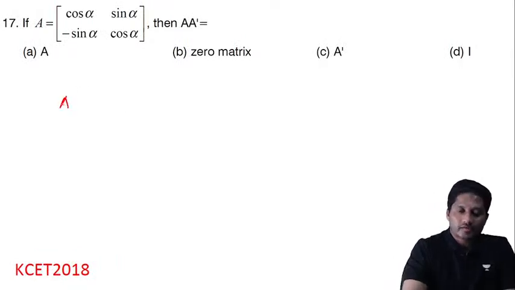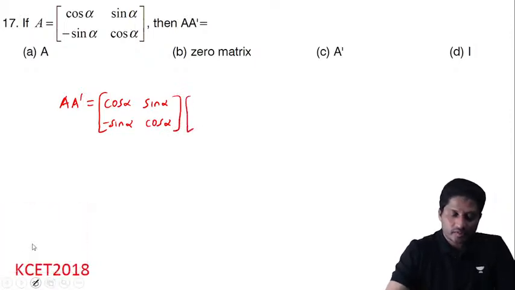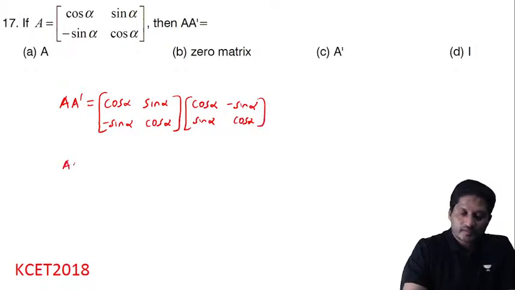I want A into A transpose. A is equal to cos alpha, sin alpha, minus sin alpha, cos alpha. This is A. Okay, A transpose: first row becomes first column. Cos alpha, minus sin alpha, sin alpha, cos alpha. If you multiply, A into A transpose is equal to matrix: first row first column will be cos square alpha plus sin square alpha.